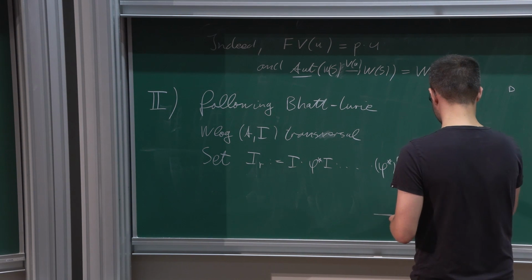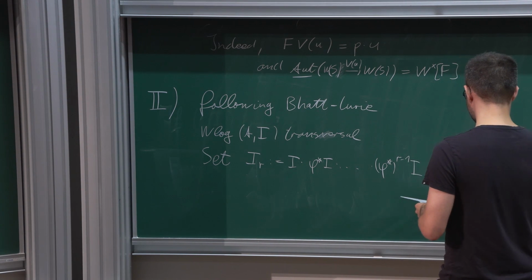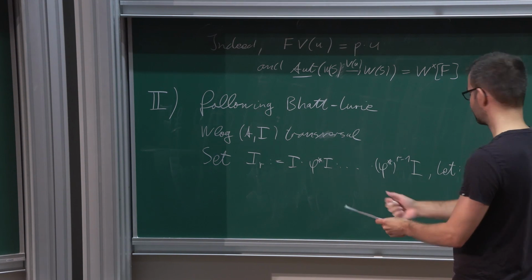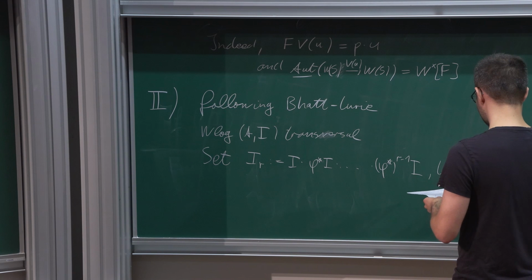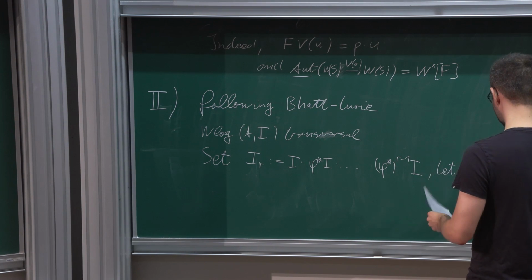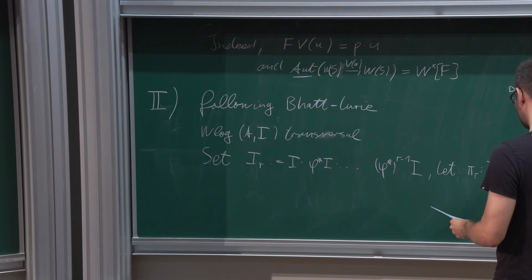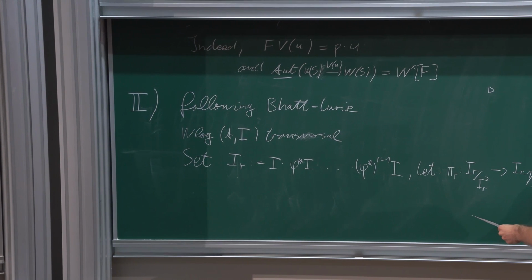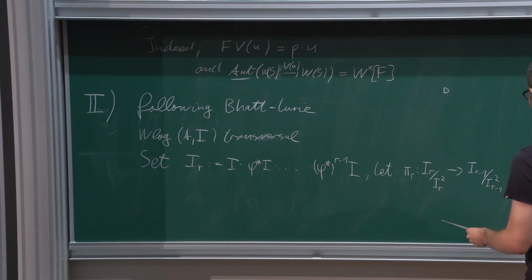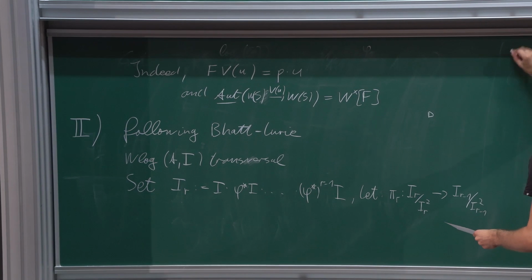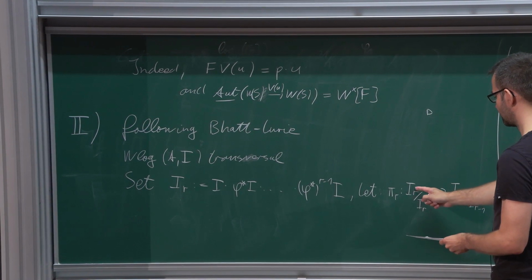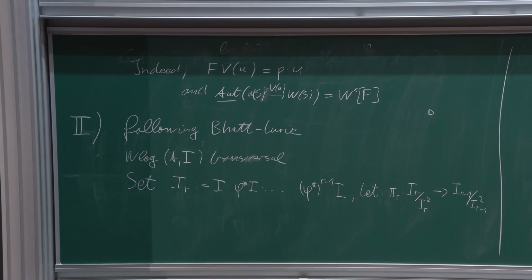And then, of course, because these ideals are shrinking by definition, in particular we get a canonical morphism from I_r modulo I_r squared to I_(r-1) modulo I_(r-1) squared, which is just induced by the inclusion of I_r into I_(r-1).